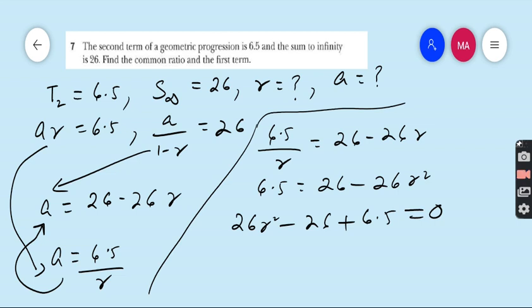The first answer is 1 upon 2, r is 1 upon 2, and the second answer is 26. But students, we will not take this answer, because in an infinite geometric series r is always less than 1.